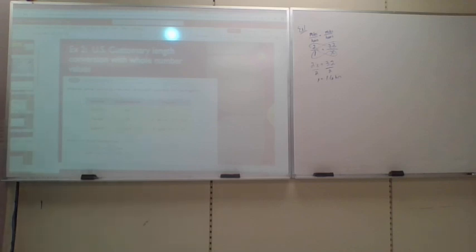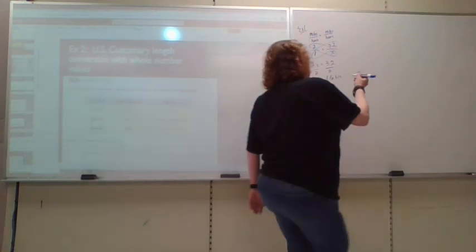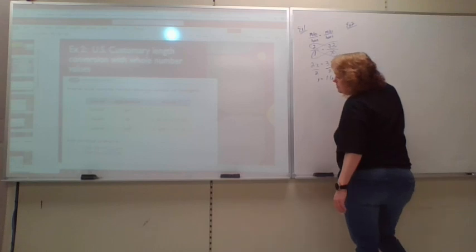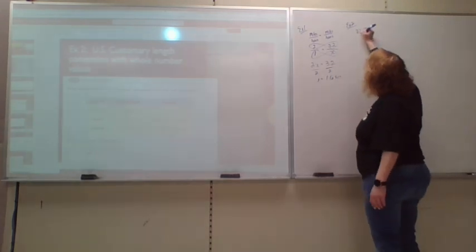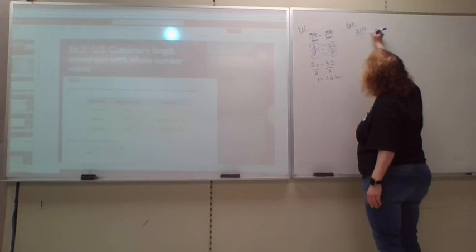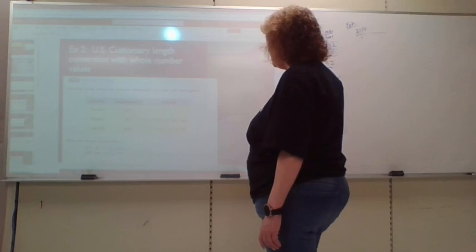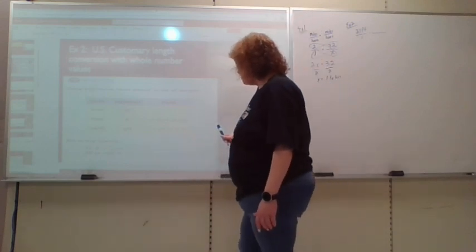Example 2. Here are some facts. You should have had problems like this on there. Let me show you, not sure if you guys have ever seen this, but I like to call it the picket fence. So if I have 21 feet over 1 times how many yards? Which one would we be using?